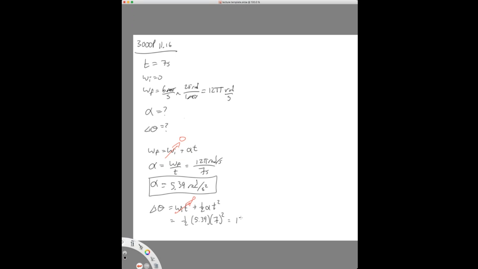That's 131.9 radians. But the problem asks us through how many rotations it makes. If we see rotations or revolutions, those mean the same thing. You know that one revolution is 2 pi radians. So I can cancel my radians out to get back to revolutions. And we get 21 revolutions.